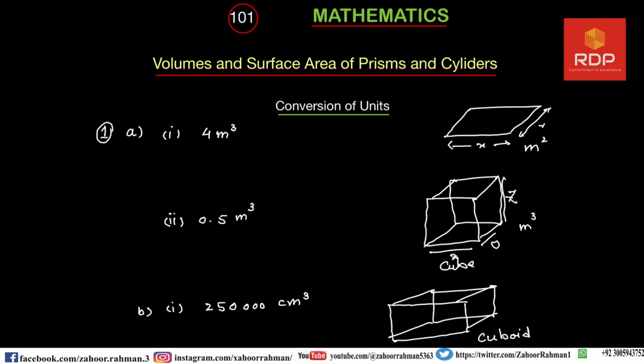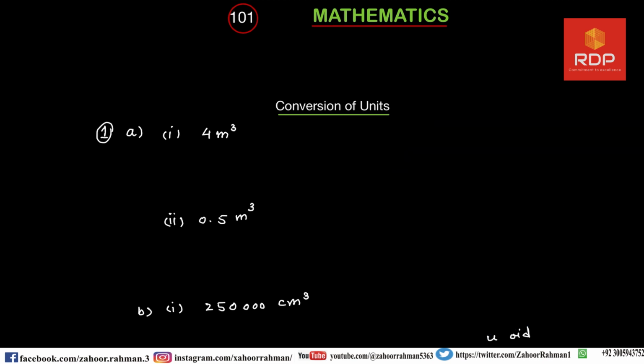So now let us start the exercise, and the exercise is 14 and A, in which the first question tells us to express each of the following in centimeter cube. Part number one is 4 meter cube. You have to express it in centimeter cube.